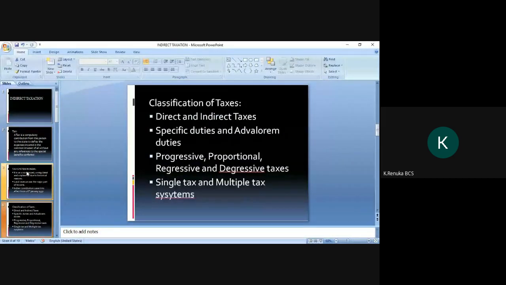Classification of taxes. In classification of taxes, we have first direct and indirect taxes. A direct tax is one which is really paid by the person on whom it is legally imposed.